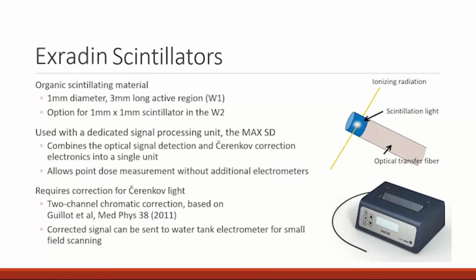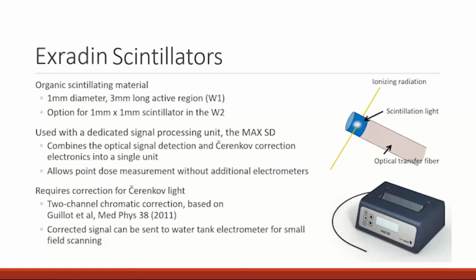And so this is a diagram here of the Exradin W2 detector. It's available with a 1x1 millimeter scintillator. It's used in combination, instead of your typical electrometer, with a dedicated signal processing unit called the MAX-SD, which combines the optical signal detection and the Cherenkov correction, which we will cover in a minute, into a single unit.